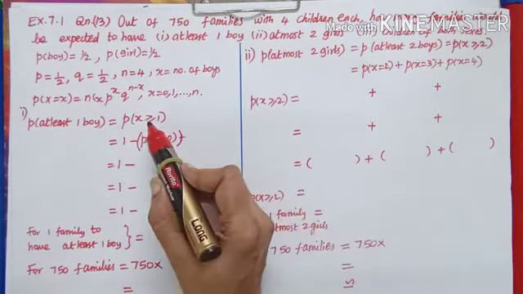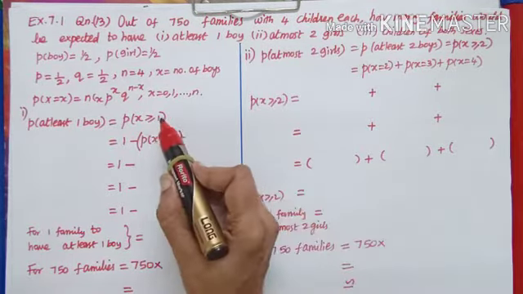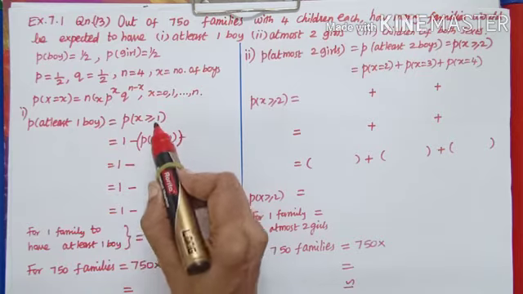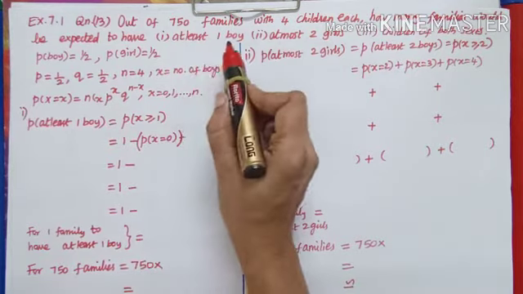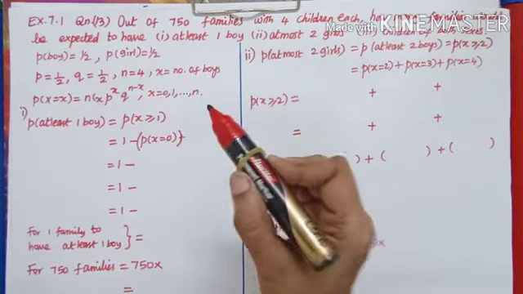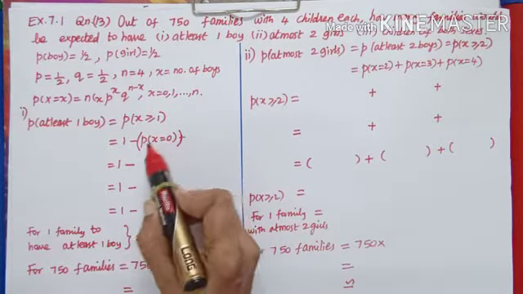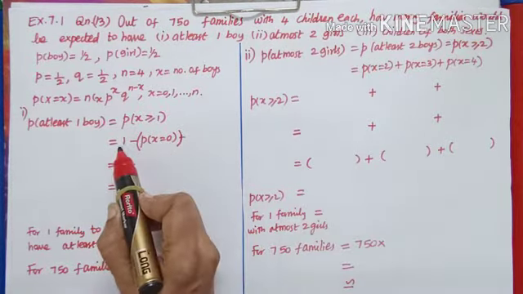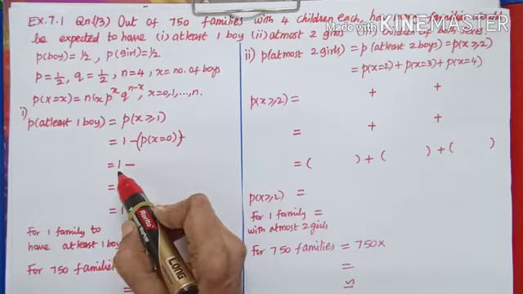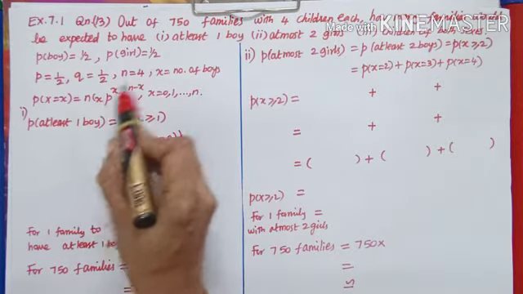I can find 1, 2, 3, 4 or 1 minus what I don't want. What I want is 1 boy or 2 or 3 or 4 boys. So what I don't want is X equal to 0. Subtract from 1. 1 minus, put 0 here, N is 4.